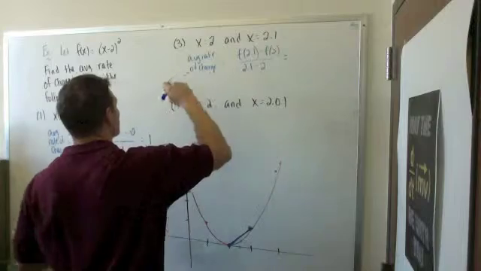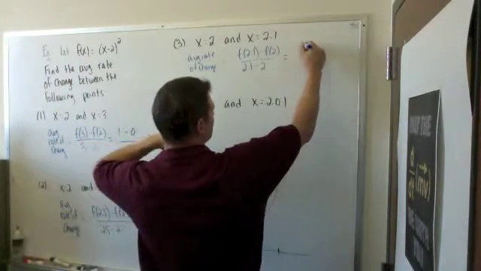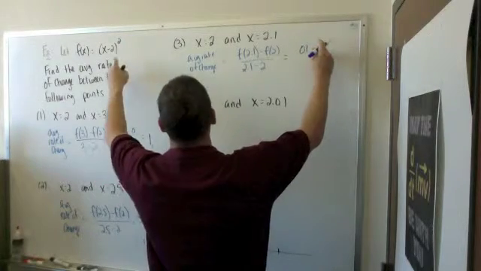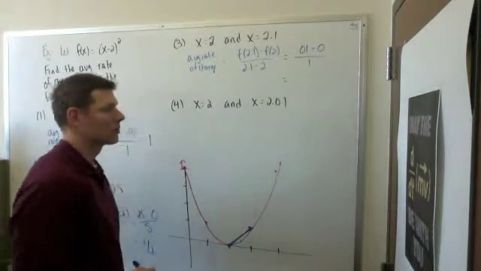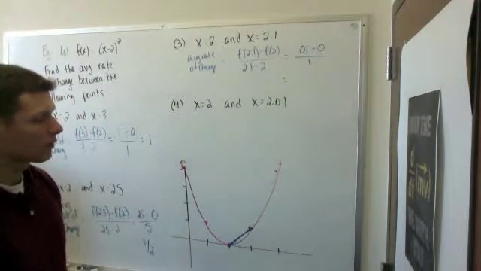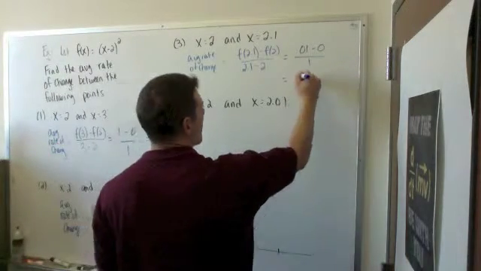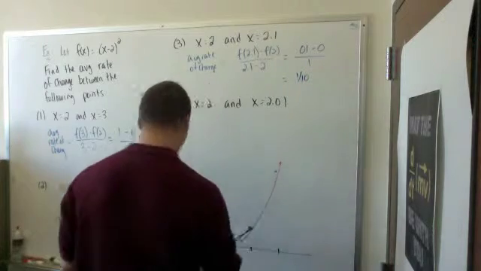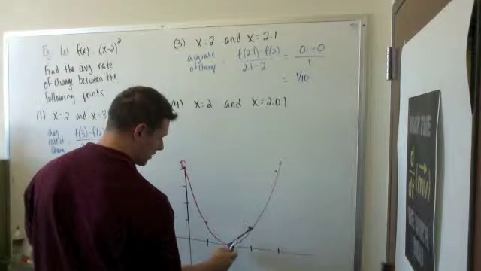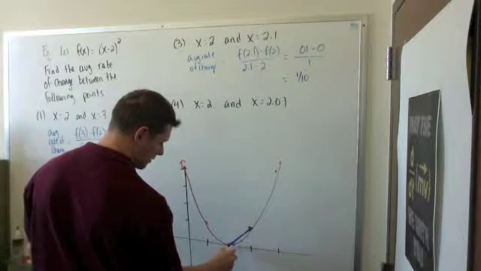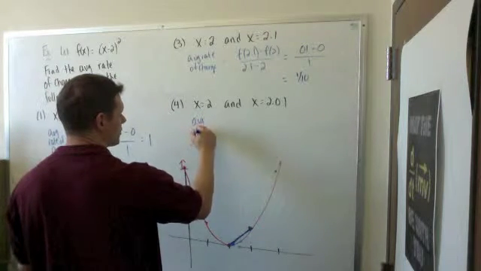So f of 2.1, 2.1 minus 2 is 0.1, 0.1 squared is 0.01, minus f of 2, which is 0, divided by 0.1, so I have 1/100th divided by 1/10, which equals 1/10. Okay, so I have 1/10 from here to here, so 2.1 is right there. That slope is 1/10.